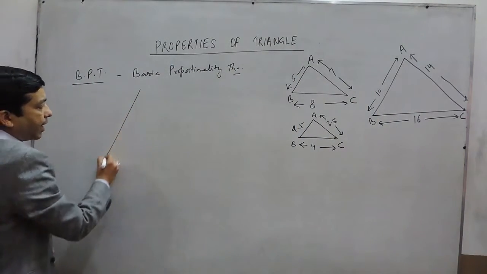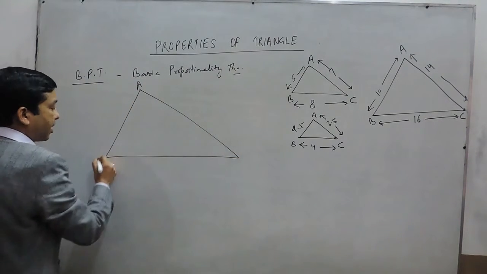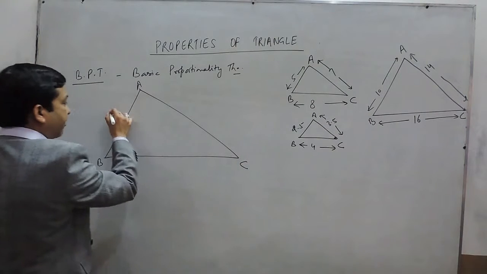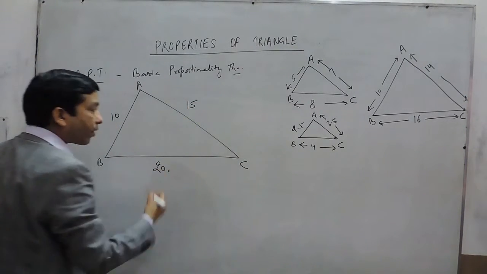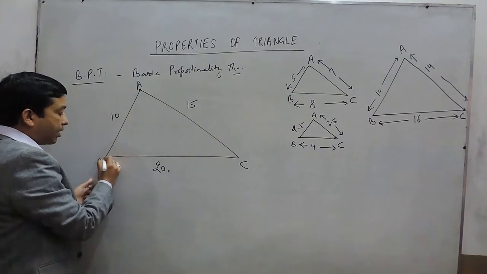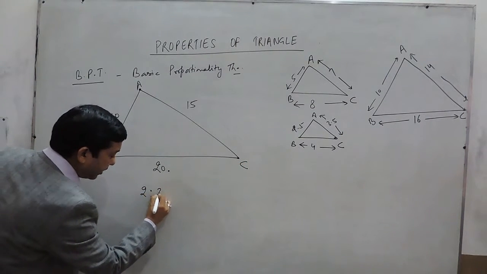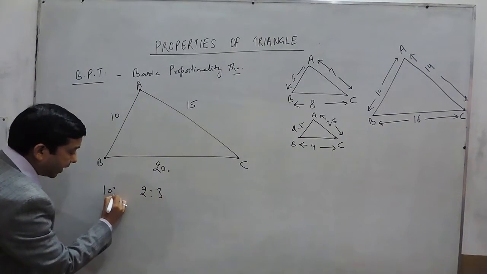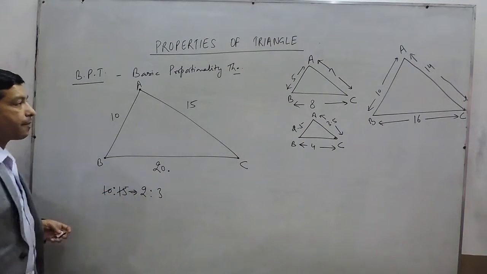Now, let us take an example of a triangle where the sides are given as 10, 15 and 20. We know that the ratio of AB to AC is 2:3. If we take 10 and 15, this actually becomes 2:3.